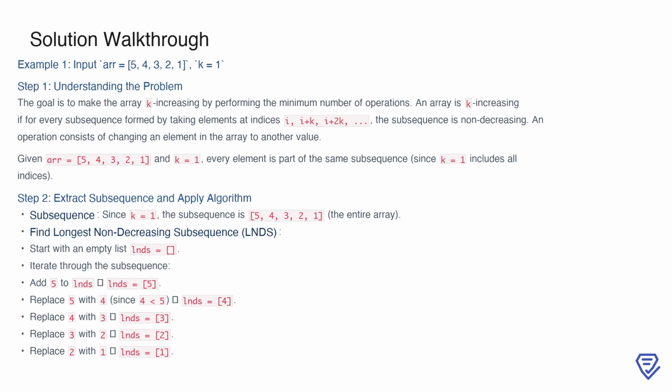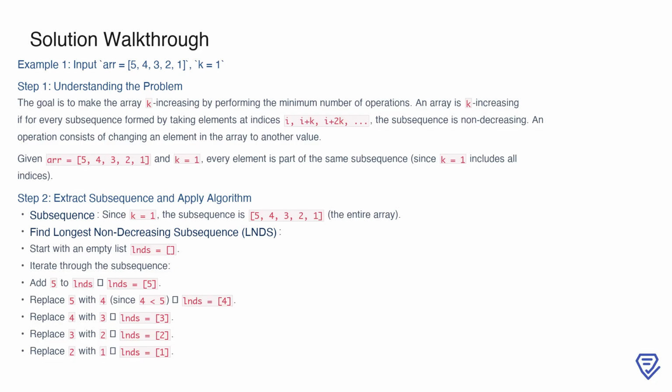Here, we begin with an example where the array is 5, 4, 3, 2, 1, and k is 1. The goal is to make the array k-increasing with the minimum number of operations. Since k equals 1, all the indices are part of the same subsequence, which means the entire array, 5, 4, 3, 2, 1, is considered as one subsequence.